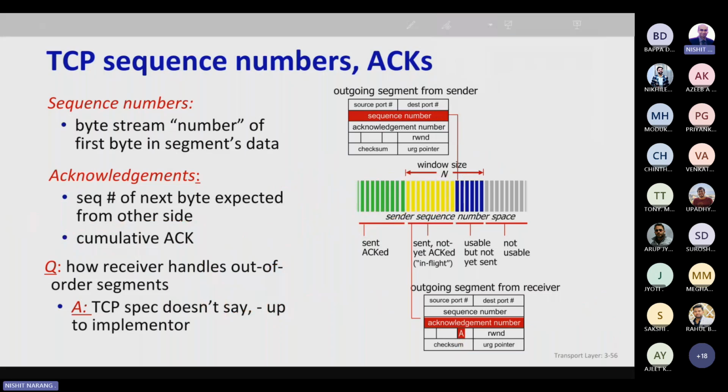the point of how the receiver handles out of order segments. When you read the TCP standard, it doesn't say how you should receive out of order segments. It leaves it up to the implementation. But in reality, we know that it's going to be a very simple implementation, because the receiver can also maintain a similar receiver window.